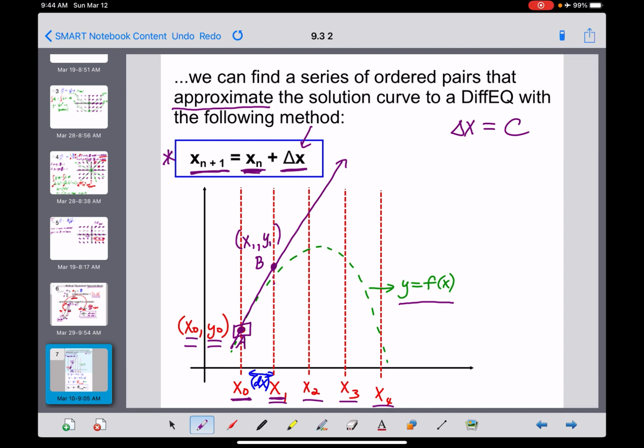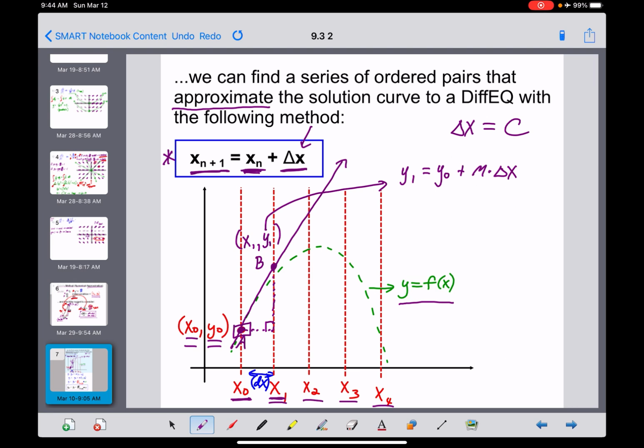We are essentially, let me do some of this again in purple right here, creating this right triangle right here, and we're going to find y1 according to that formula we wrote down just a second ago. y1, the next y value, comes from taking the previous y value, y naught, and then adding to that your delta y. And your delta y was the slope multiplied by that delta x value right there, m times delta x.